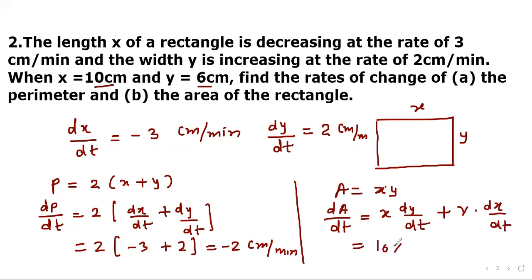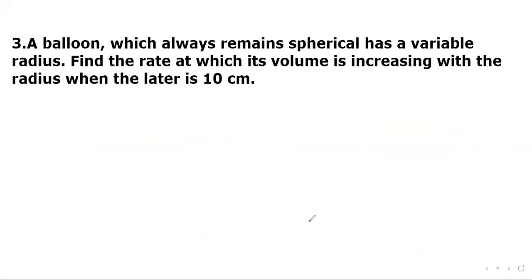So 10 times dy by dt, that is 2, plus y is given as 6 into dx by dt, which is given as minus 3. So it is 20 minus 18, that is 2, and the unit is cm square per second. Let's see the next question.